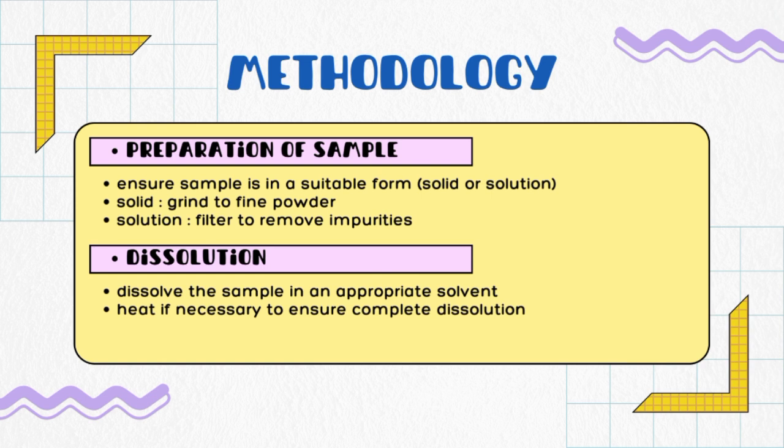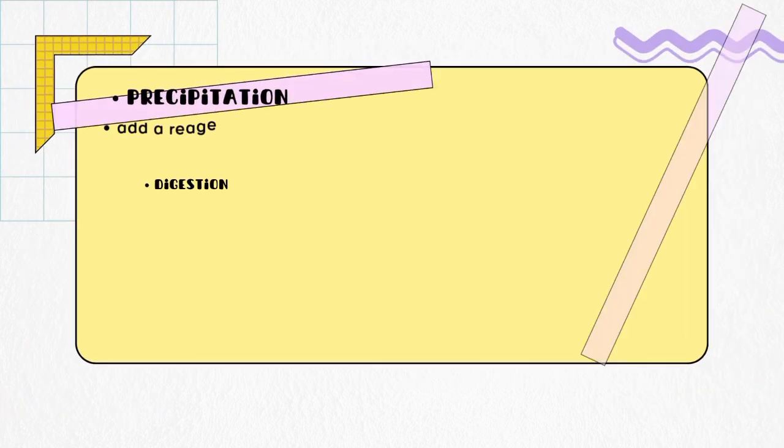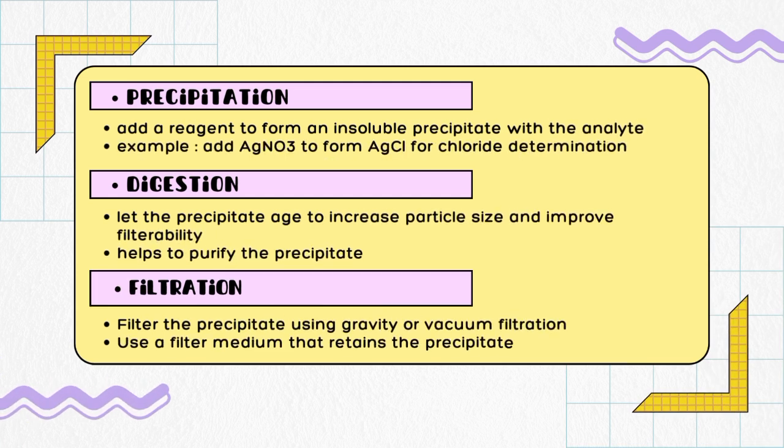Subsequently, the sample is dissolved in a suitable solvent, sometimes necessitating heat to achieve complete dissolution. Following dissolution, a specific reagent is introduced to precipitate the analyte of interest, forming an insoluble compound. For instance, the addition of silver nitrate facilitates the formation of silver chloride for chloride determination.